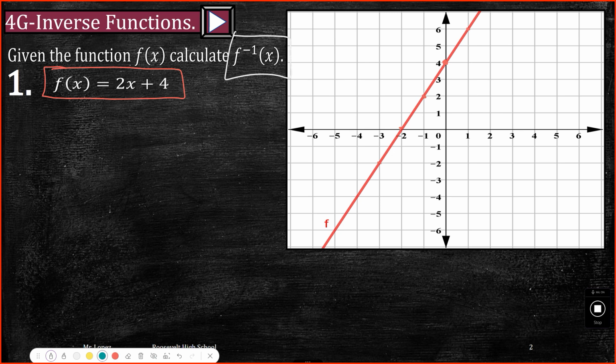Just by looking at the graph, what is the y-intercept of this line? This is x and this is y. The y-intercept is 4. So all outputs become inputs. That y of 4 will now become an input for the other function.